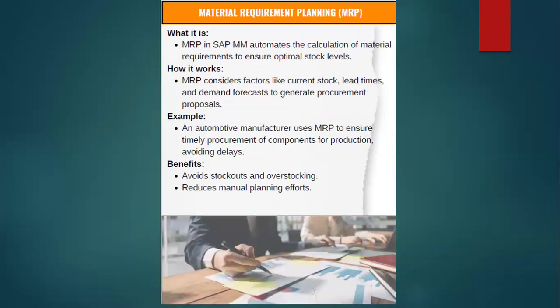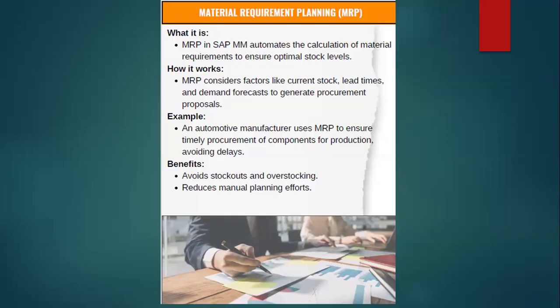Now coming to the material requirement planning. MRP in SAP MM automates the calculation of material requirements to ensure optimal stock levels. Means, whenever a person from the production department requires any material, he doesn't need to go each and every time to the purchase department to check whether he needs to purchase it or can procure from the inventory.